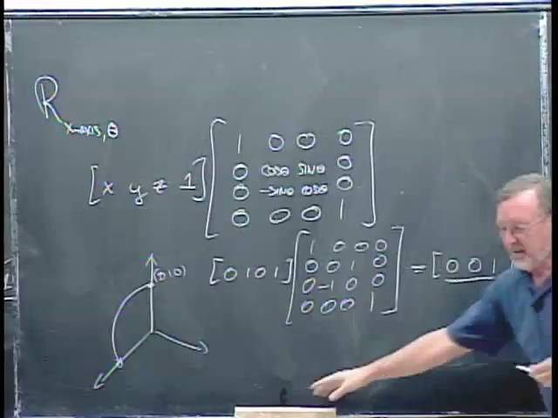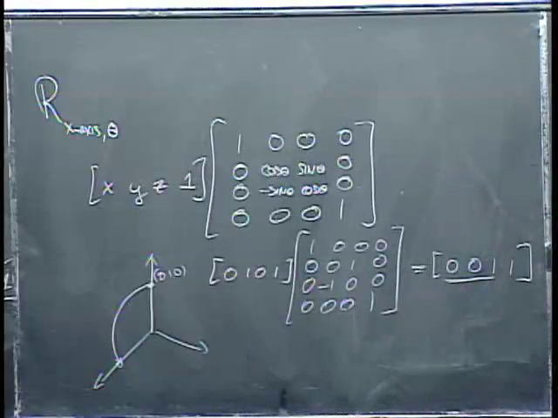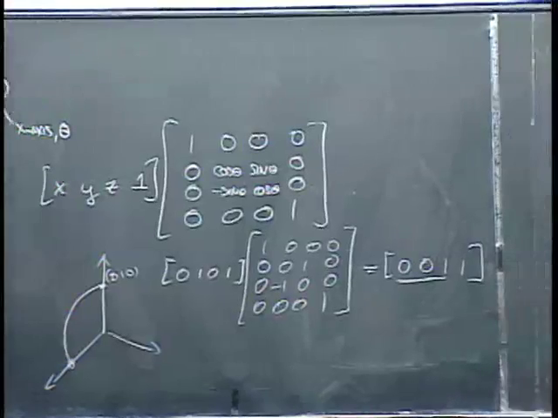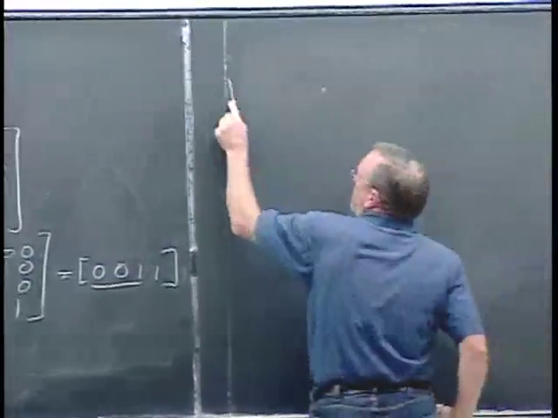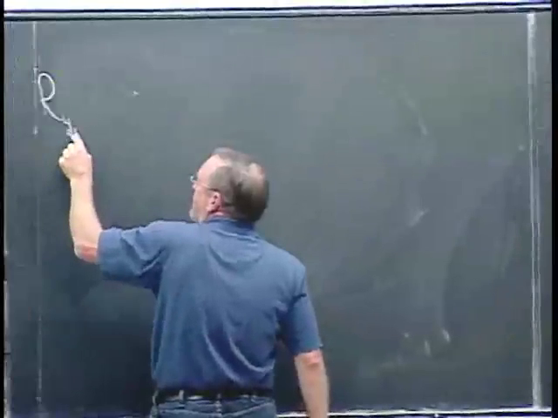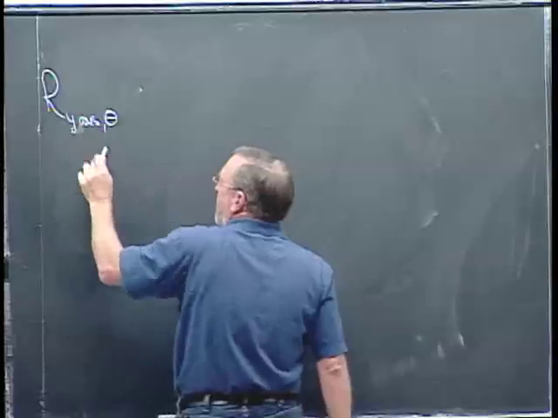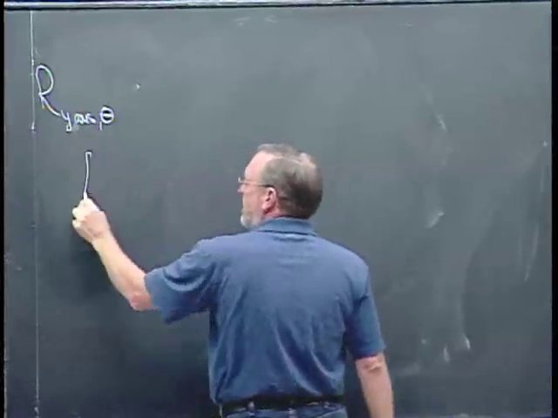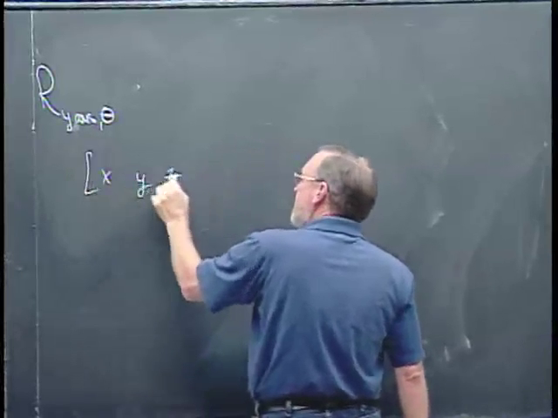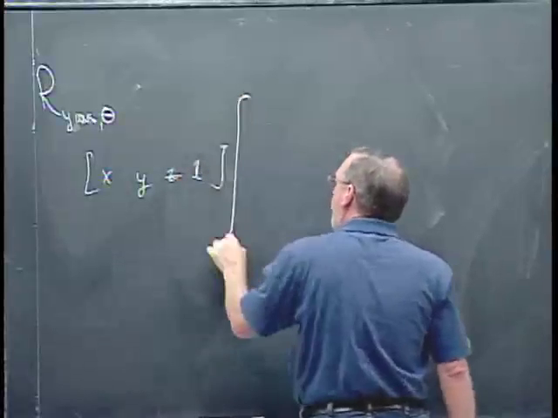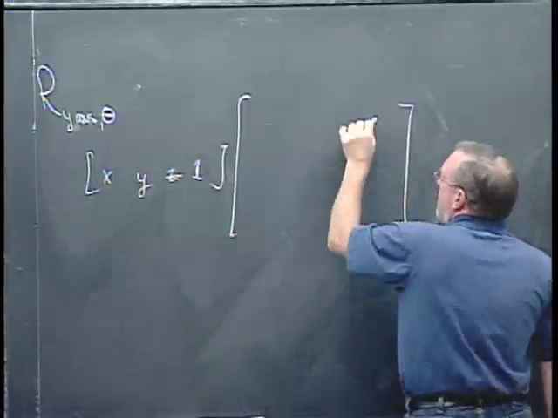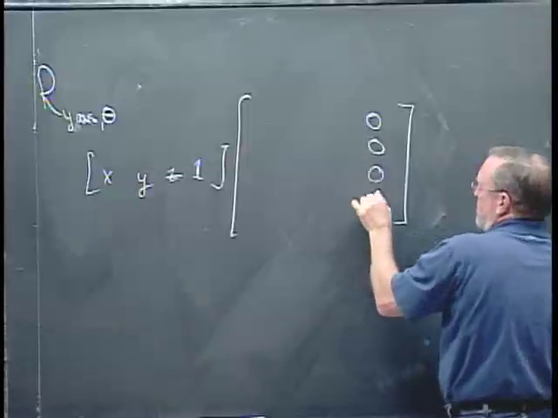So the one that's going to fail is the next one. And this one is r around the y-axis, theta. If I do this, x, y, z, and 1. Fourth column is 0, 0, 0, 1.